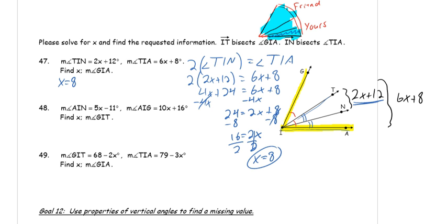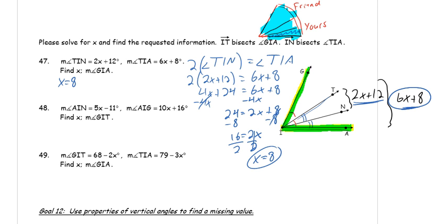Now to find angle GIA, okay, well that's going to be this entire angle. There's a number of ways you can do it. You could plug it in for the angle TIN, since you know it would take 4 TINs to make up the entire piece of pizza GIA. You could plug it into TIA and then double that, because you know that's half of GIA.